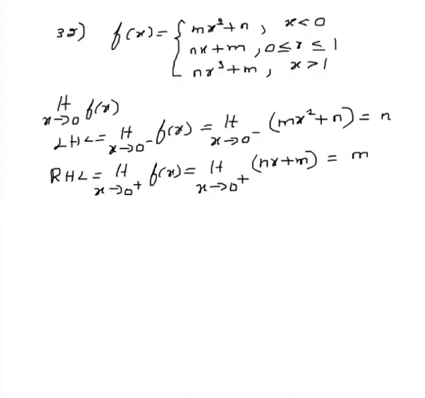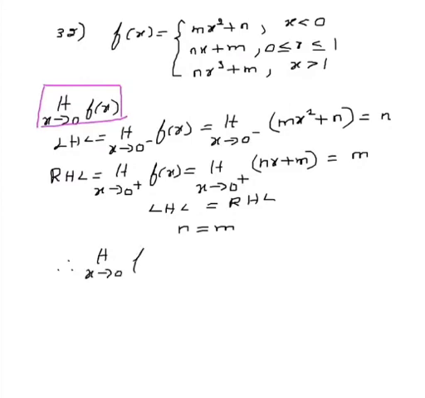And the question says that this limit exists. That means LHL must be equal to RHL, then only the limit will exist. N is equal to m. Therefore, limit x tends to 0 of f of x exists when n is equal to m.